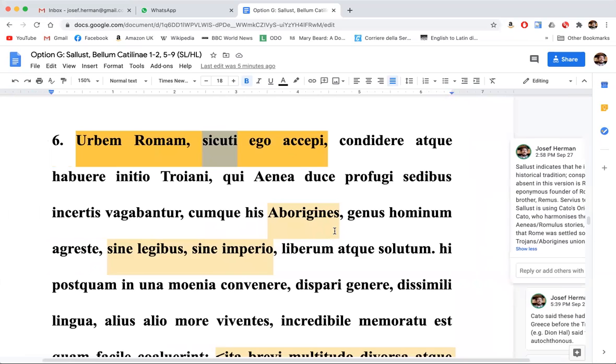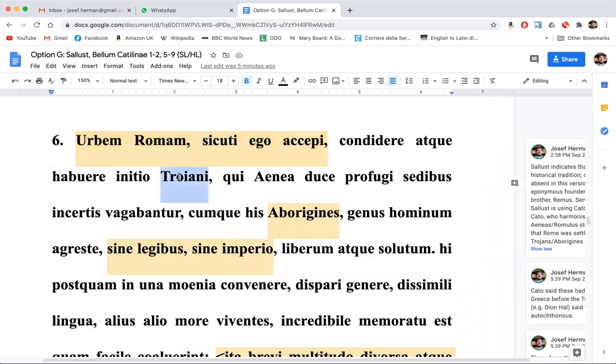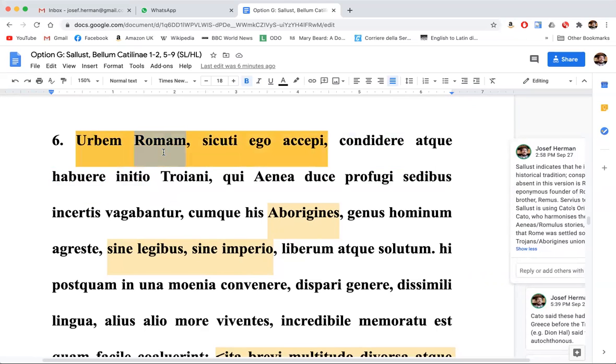Okay, so let's go back to the text then. So as I have learned, sicuti ego accepi, and then the subject is Trojani. Right, so Trojans, in the beginning, initio, ablative for time when, the Trojans in the beginning founded, condidere, and had or possessed or held, habuere, and then the object is urbem Romam, the city of Rome.